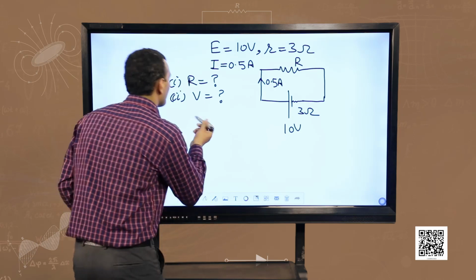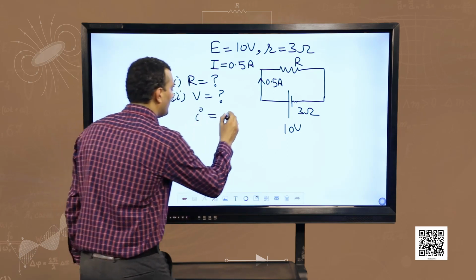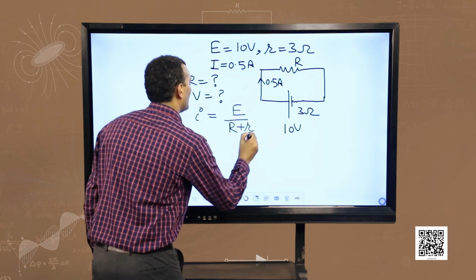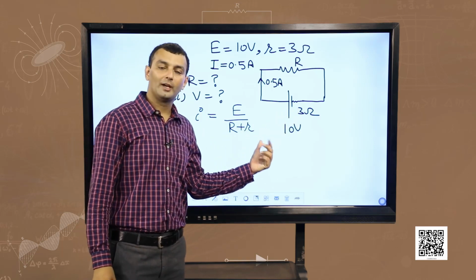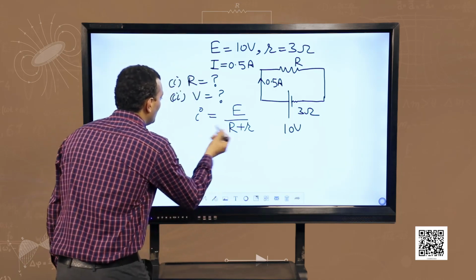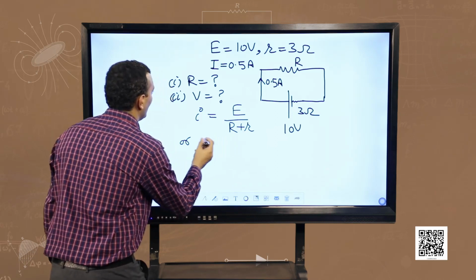From the formula of current, we can write I equals E upon capital R plus small r. E is the net voltage and capital R plus small r is the net resistance. Putting the values of all the terms, we can easily find out capital R.